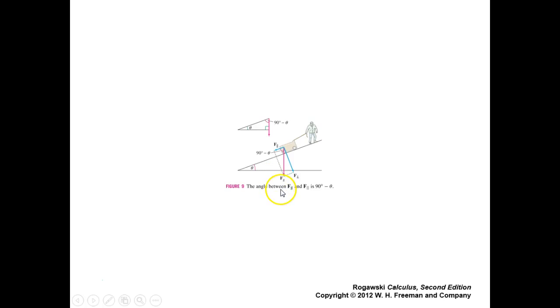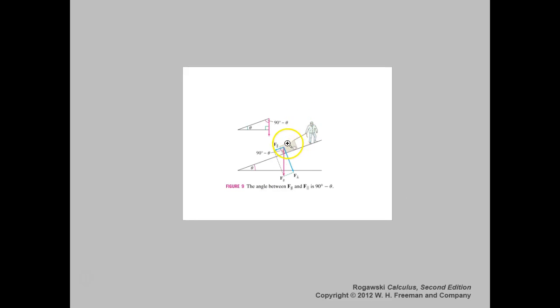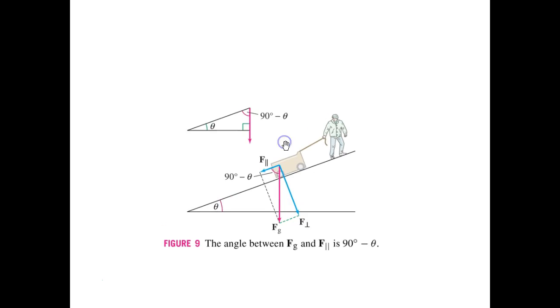Because you're just adding this to that. You would say trapezoid rule, now it's rectangular rule. That is going to give you the vector u, the diagonal of that rectangle. All right. I think this is an application illustration, and it certainly is.